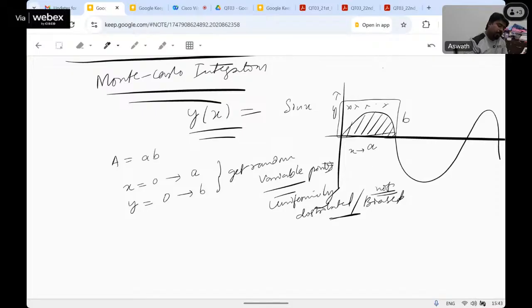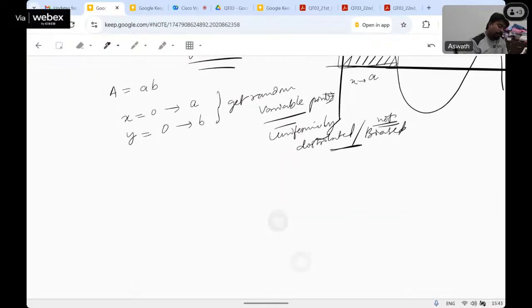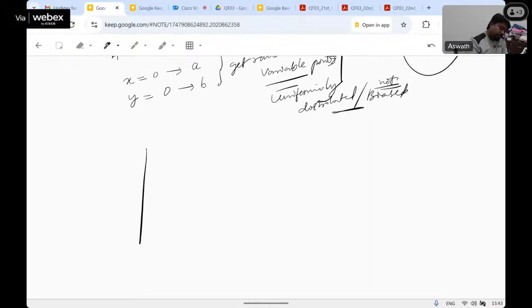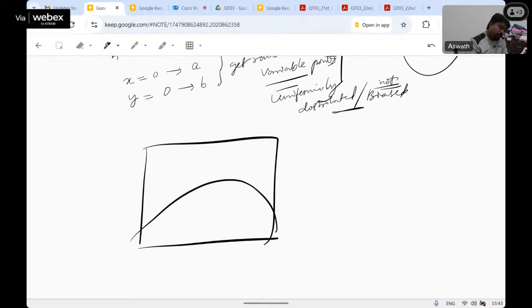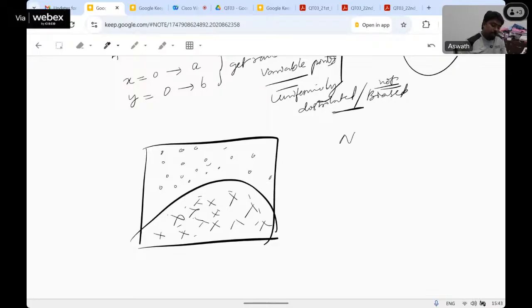If that is the case, the interesting thing I'll get is this. Let's say the overall number of points is capital N, and the number of points falling within the curve is small n.